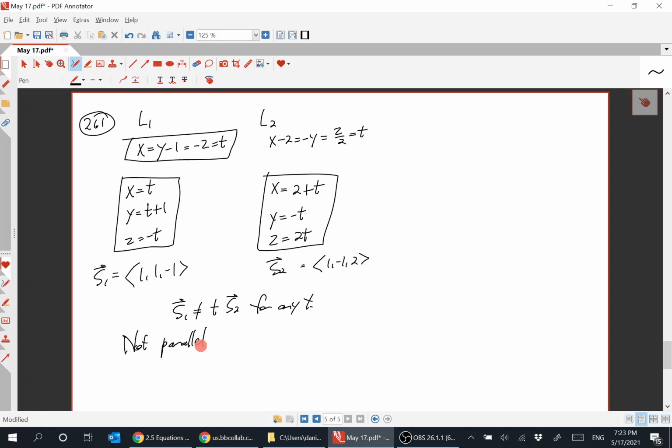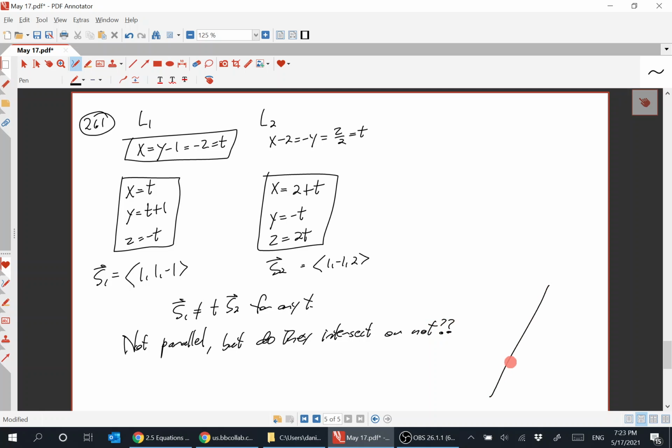Now the question is, are they skew? In other words, do they not intersect, or do they intersect? Not parallel, but do they intersect or not?